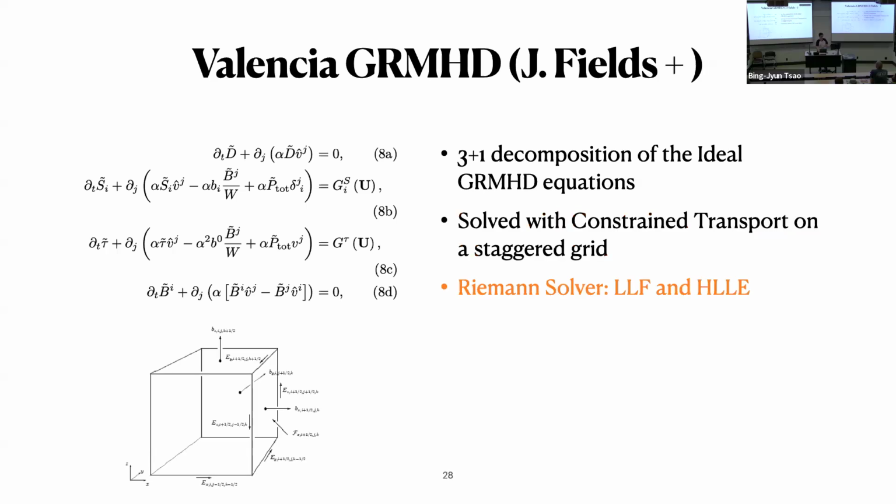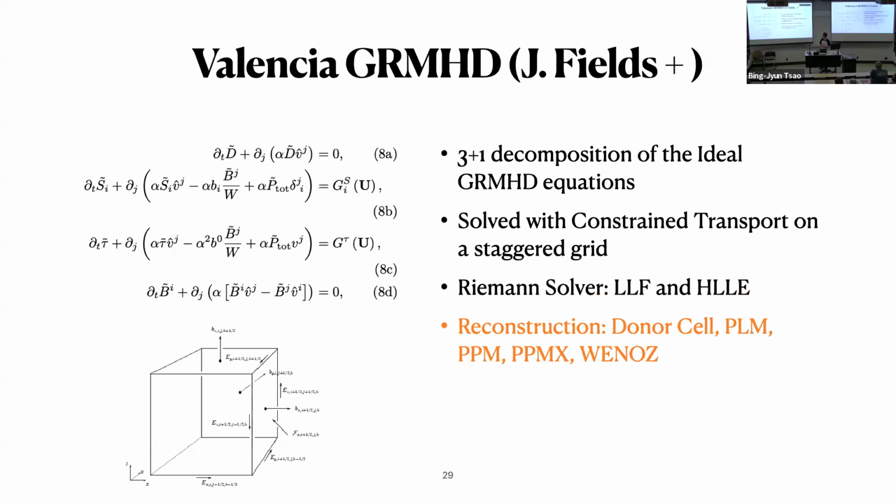For the Riemann solver, we have implemented LLF and HLLE. We have the reconstruction implemented as part of the rest of AthenaK. We have donor cell, PLM, PPM, and also extrema preserving PPMX, and also WENO-Z implementation.